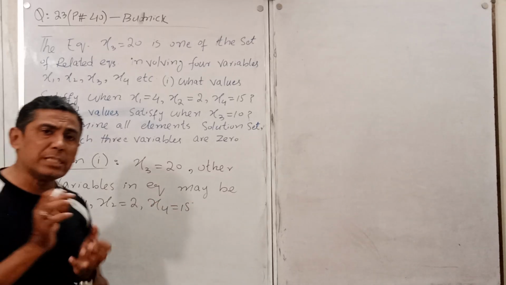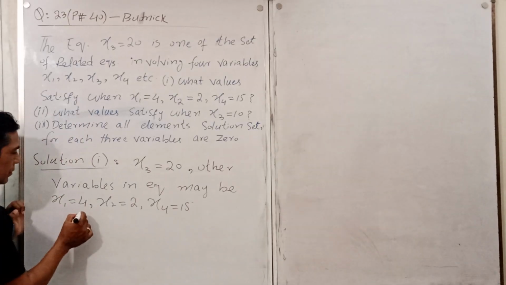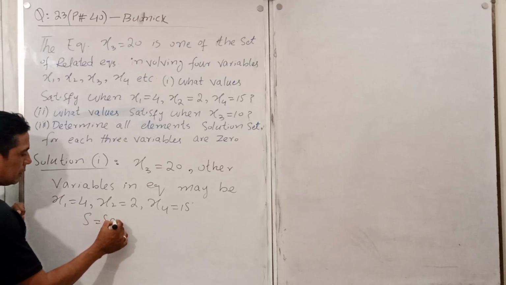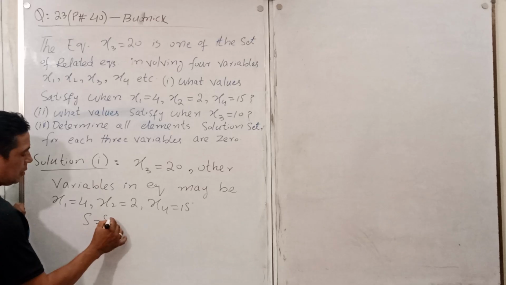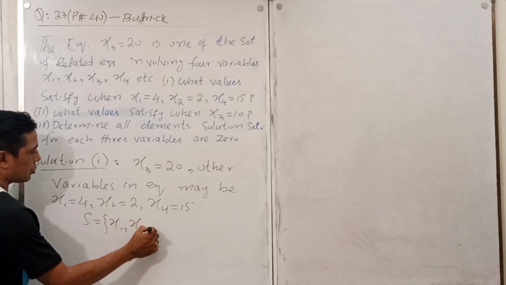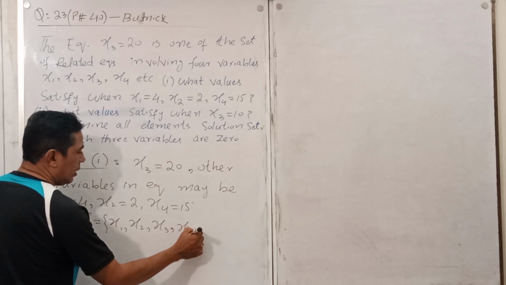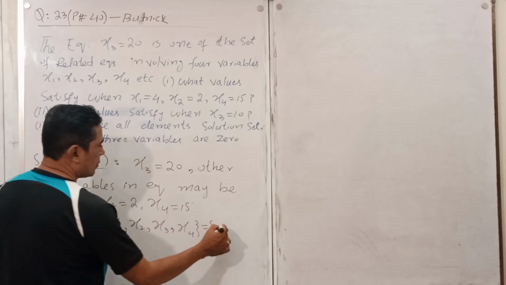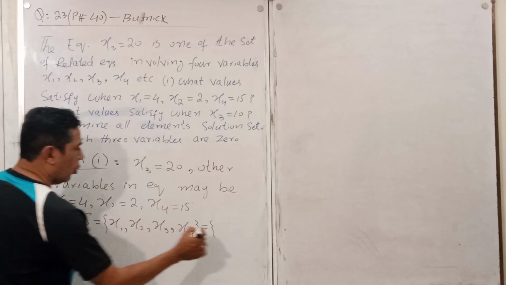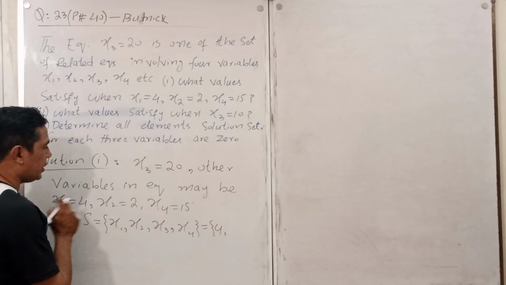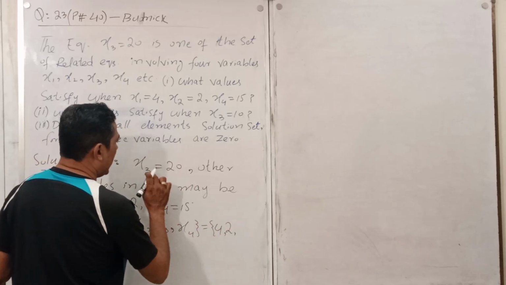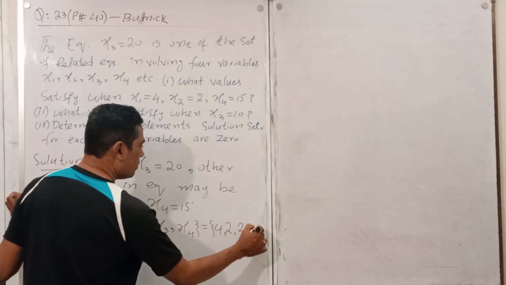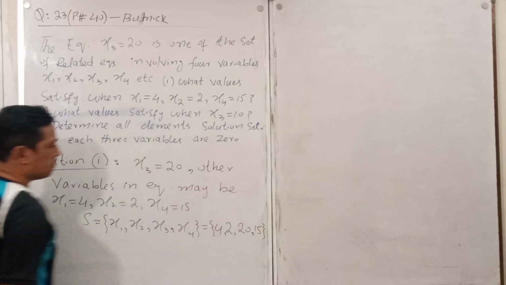So what will be the solution set in this condition? Solution set S equal to (x1, x2, x3, x4) equal to (4, 2, 20, 15).